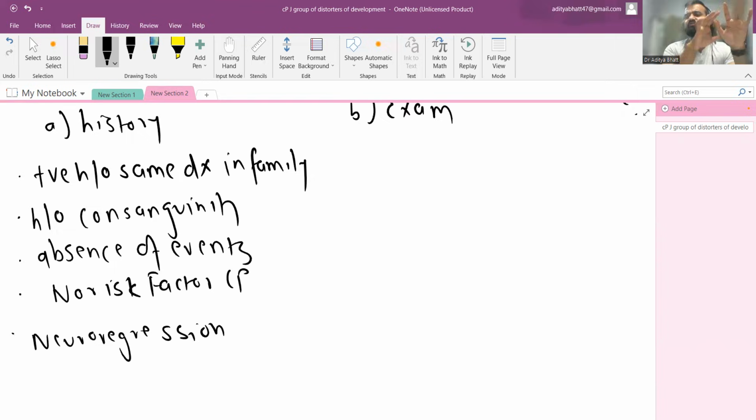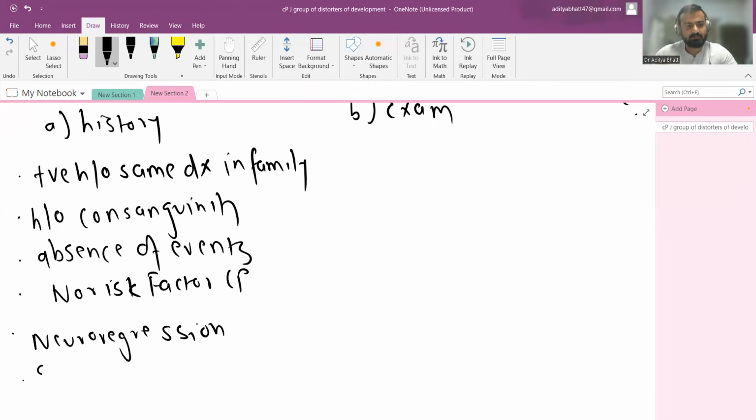If you have a patient with neuroregression, my personal opinion is that you should rule out leukodystrophy first, because we have had hundreds of patients with globoid leukodystrophy, metachromatic leukodystrophy, adrenoleukodystrophy, all types of leukodystrophy, and those have a history of neuroregression. That is why you have to remember this.